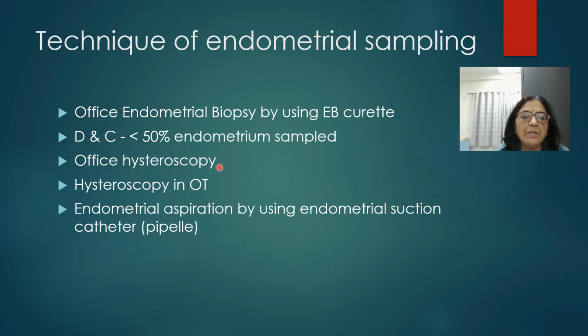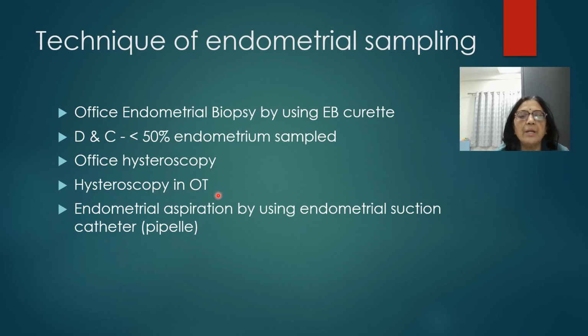Office hysteroscopy can be done and directed biopsy can be done, or hysteroscopy can be done in the operation theater under anesthesia. There, the evaluation of the endometrium, presence of endometrial polyp, submucous fibroid, or the area where the endometrium is thickened is seen. So, directed biopsy can be taken, and that is why hysteroscopic directed biopsy is the gold standard.